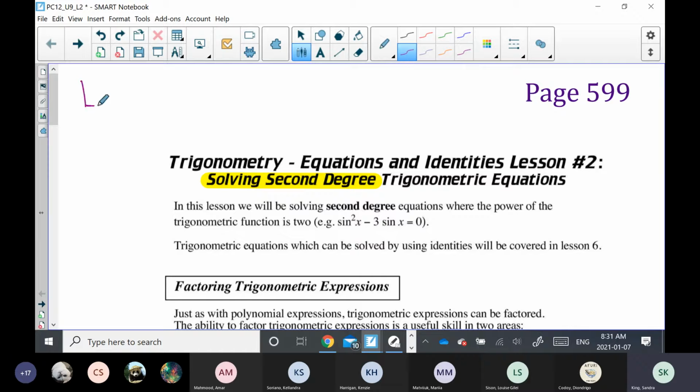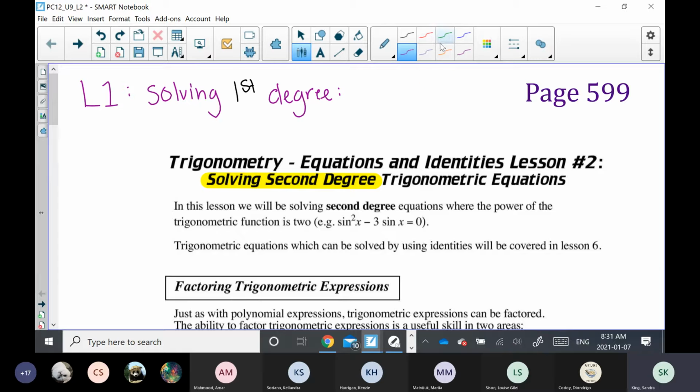So in lesson 1, which is what we did yesterday, what we were doing was solving first degree trig ratios. And I'll just give you an example of what we did yesterday.